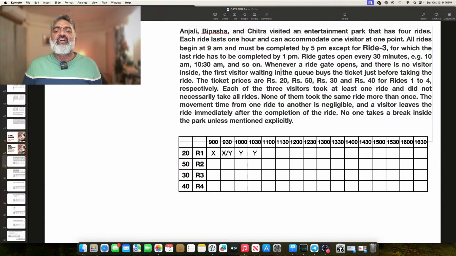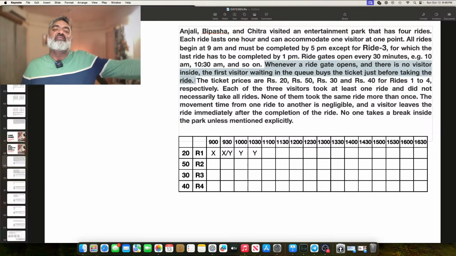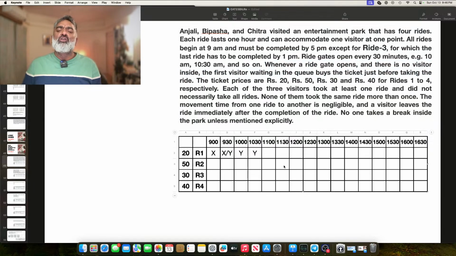So a complicated sentence, but this is commonsensical finally. Imagine what would happen if you were in an amusement park and there is a ride. The ride takes 1 hour, but you can start waiting for it half an hour before that in case somebody is already on the ride. If there is nobody on the ride, for example, I have a character called Q and he shows up at 11:30 and nobody is there in this ride at all.